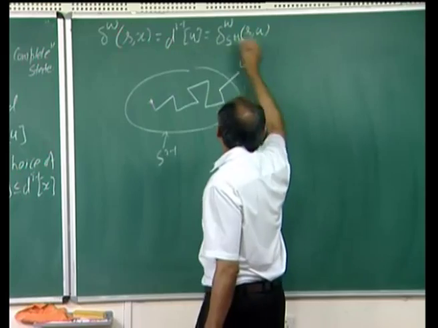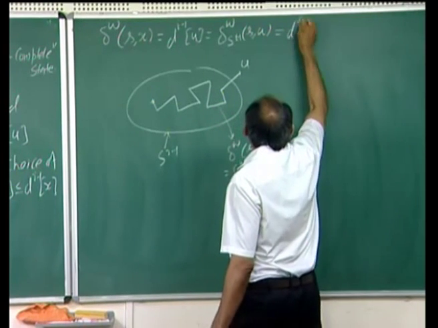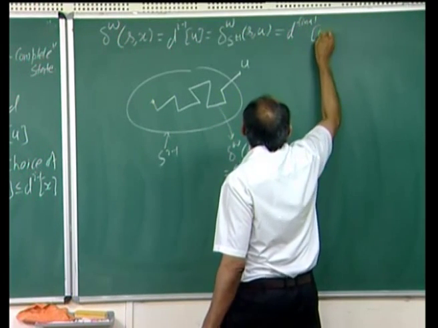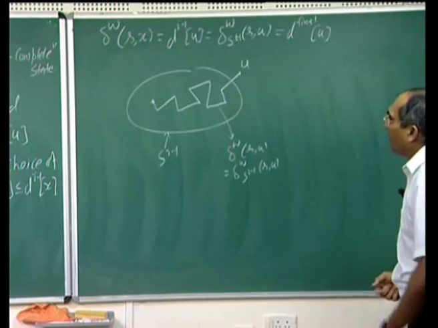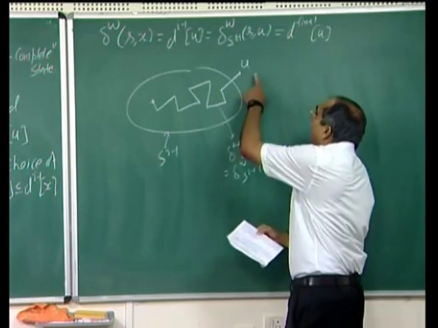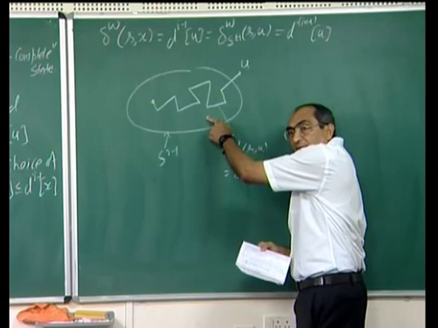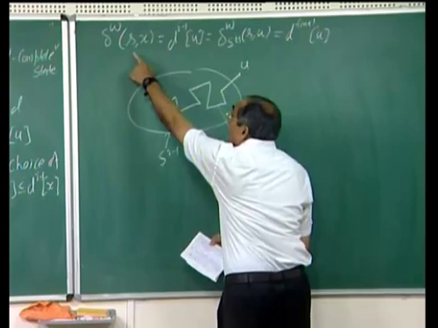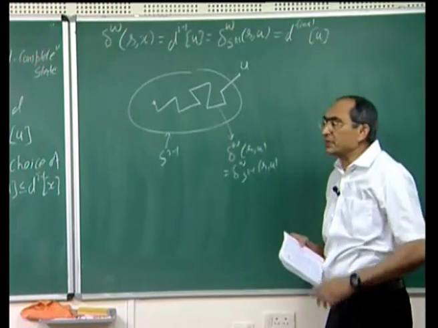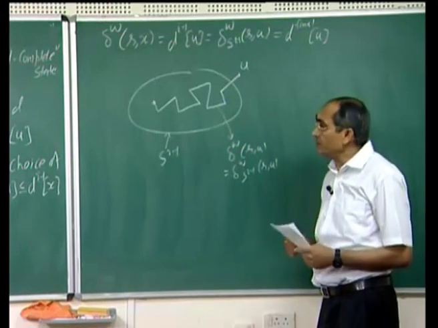This is also d final of u. So, what we have concluded is that the next entrant into set S has its d value, the final value, equal to its optimum distance, the minimum shortest path.